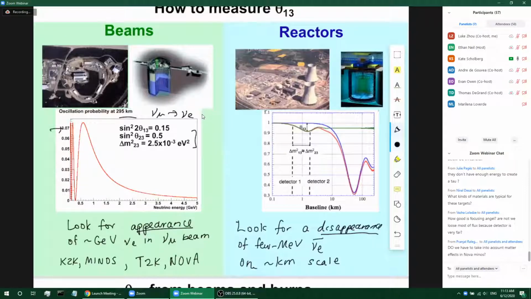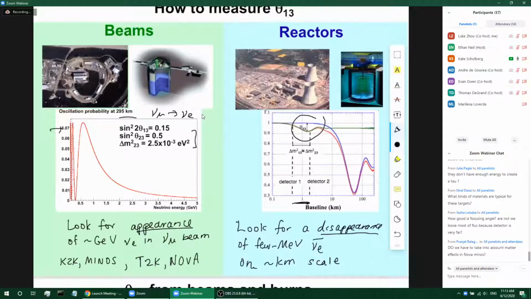And this plot here is showing you the oscillation probability as a function of baseline distance from the reactor. And here you can see the effect of theta 1,3. You get a deficit. It's also at less than the 10% level. This is a small effect at a baseline of a few kilometers.